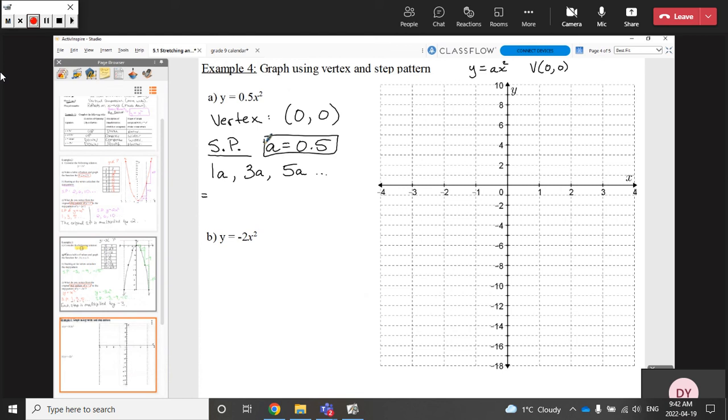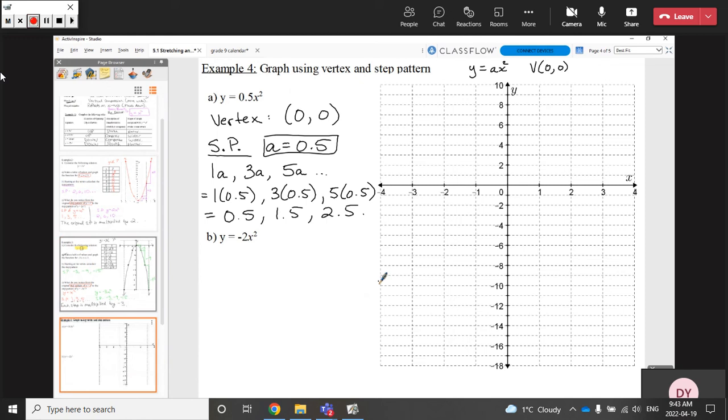We're going to substitute 0.5 into the step pattern formula here. This step surely can be done in a lot of your heads, and that's great, but I do want you to show some steps. So our step pattern is now 0.5, 1.5, and 2.5.